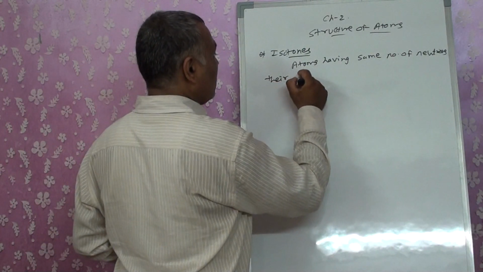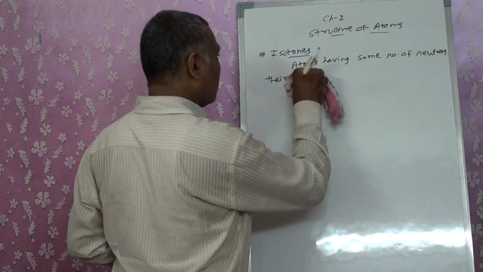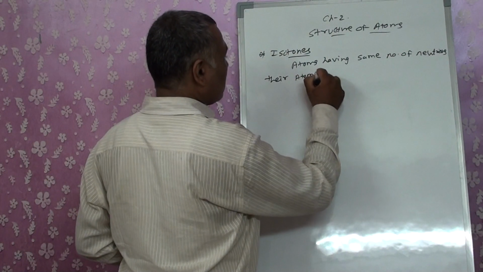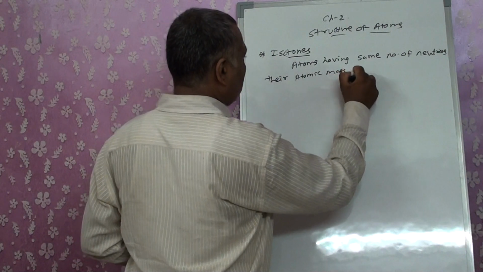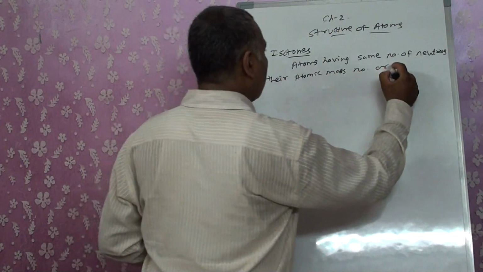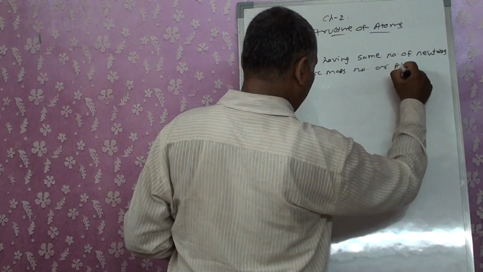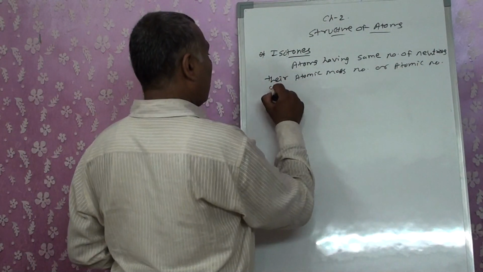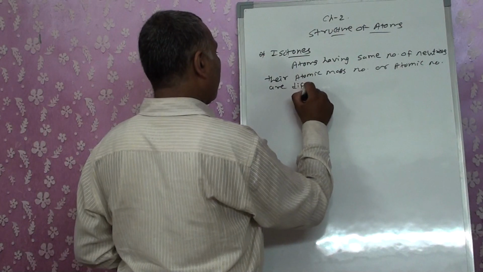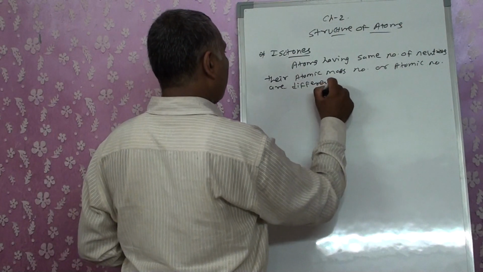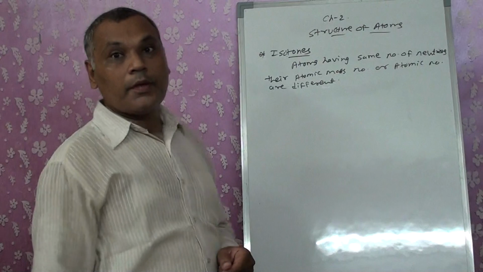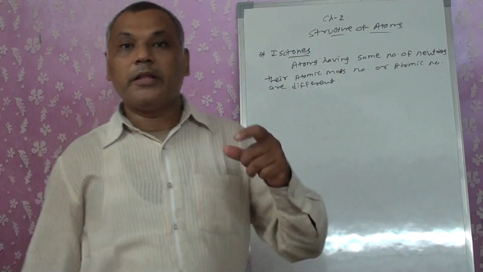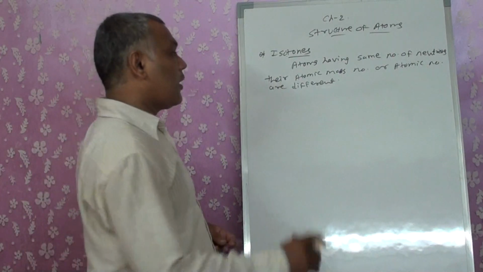Their mass number, that is atomic mass number, or atomic number are different, but the number of neutrons is the same.